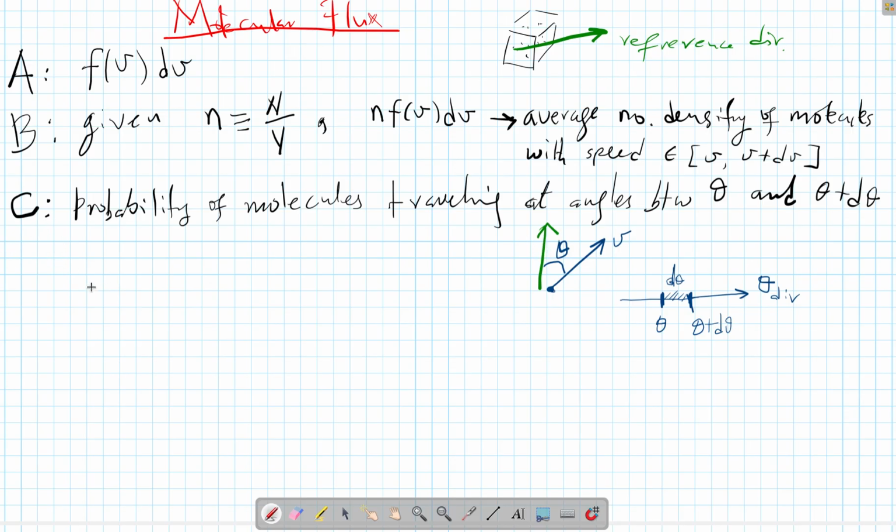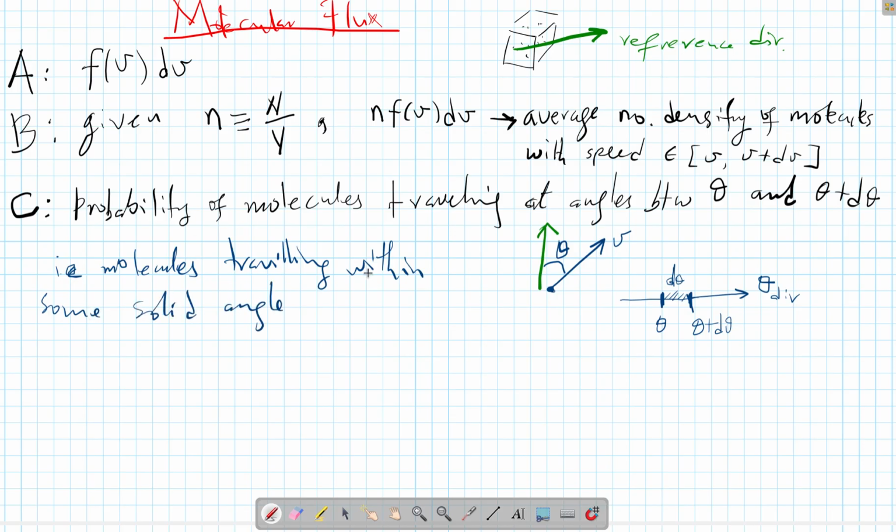So such molecules will be traveling within some solid angle. This is going to be a differential solid angle, d omega, and by definition, this is dA all over r squared.